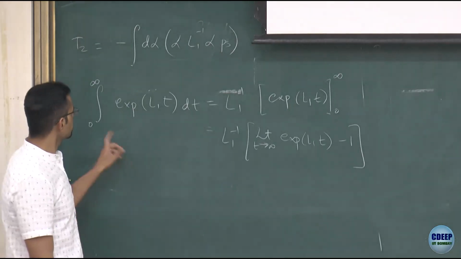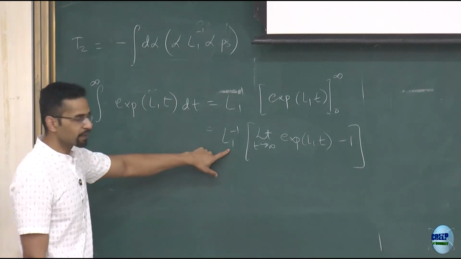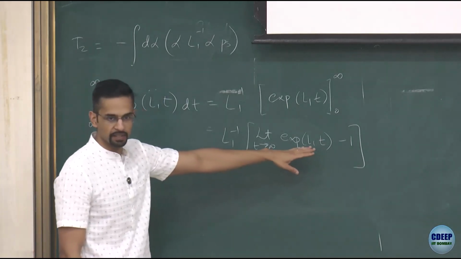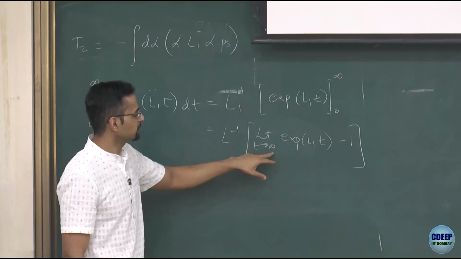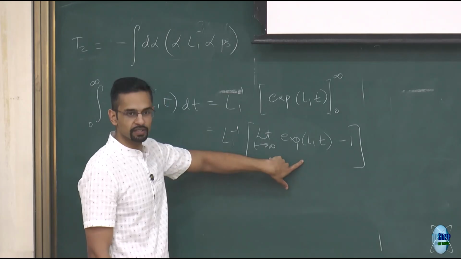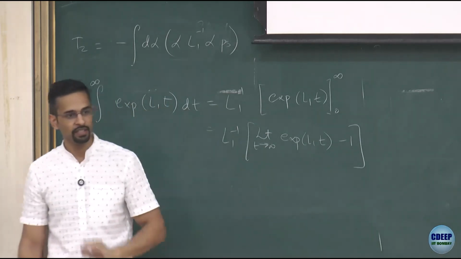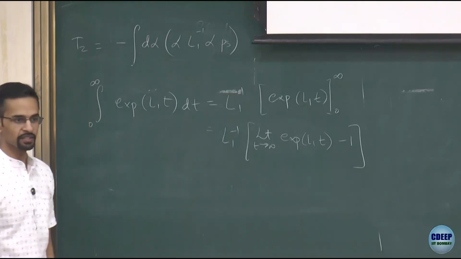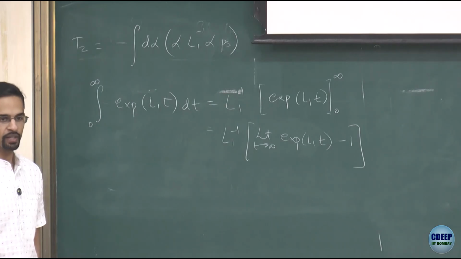So what we are showing is that this integral of exponent L1t dt is L1 inverse times some other operator. So you have minus 1 here, but here you have this operator, the t going to infinity limit of exponent of L1t. But we already saw what this is. This is just the operator that takes any function and sends it to the stationary distribution times the average over alpha.